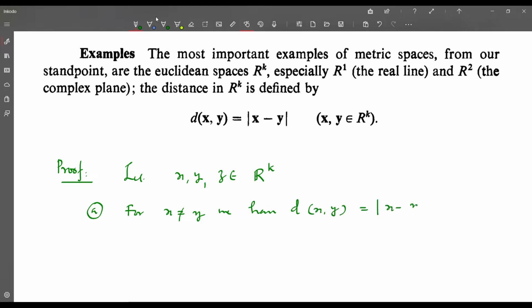This is greater than 0. And distance between x and y is 0 if and only if modulus of x minus y equals 0. This is if and only if x equals y. So this proves A.